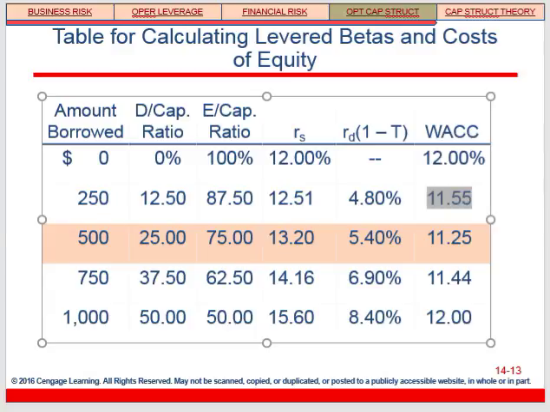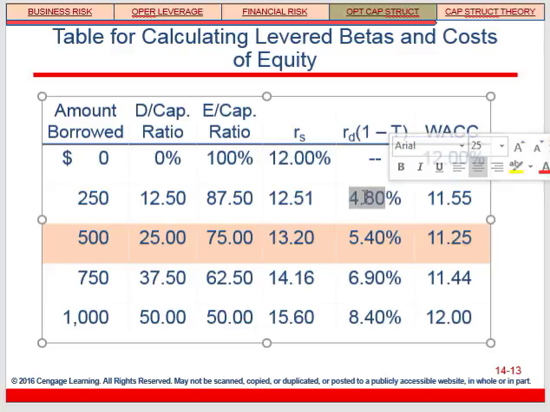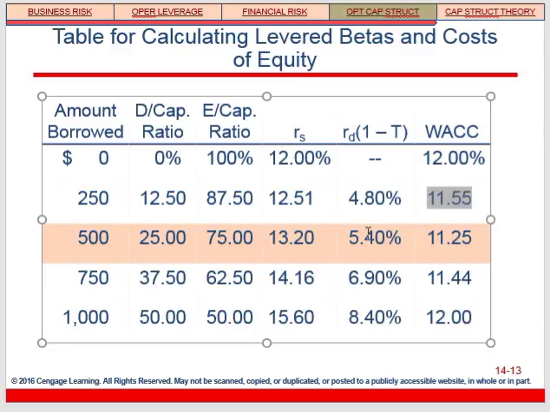Again, as we increase more debt, both the return demanded on equity and the return demanded on debt are increasing. However, return on debt is a cheaper option at this point. So as we mix the cheaper option into the mix, we are getting a lower weighted average cost of capital.